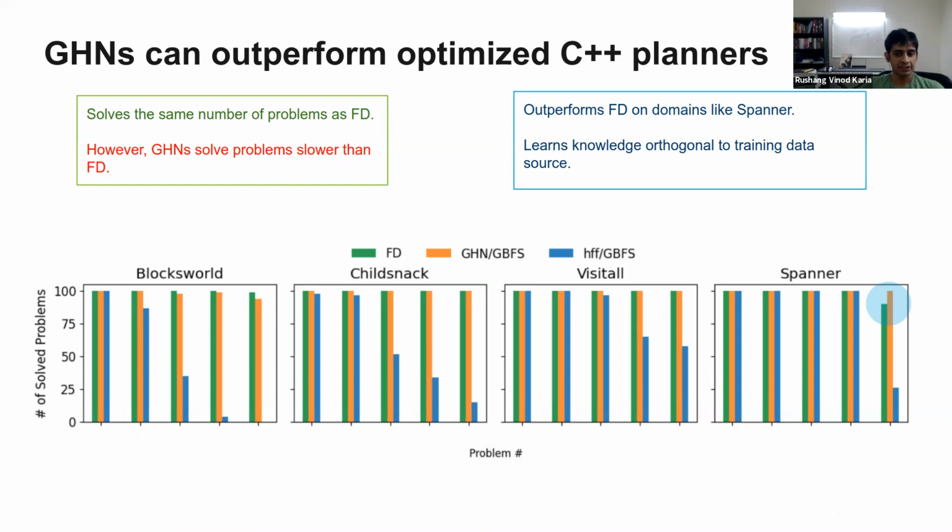Now, Spanner is a special domain because it was explicitly written to not perform well with heuristics used by these competition winners or the C++ planners. And on analysis, we showed that even if we use the C++ planners to generate training data, we could still outperform them, indicating that GHNs can learn knowledge that is orthogonal to the training data source.